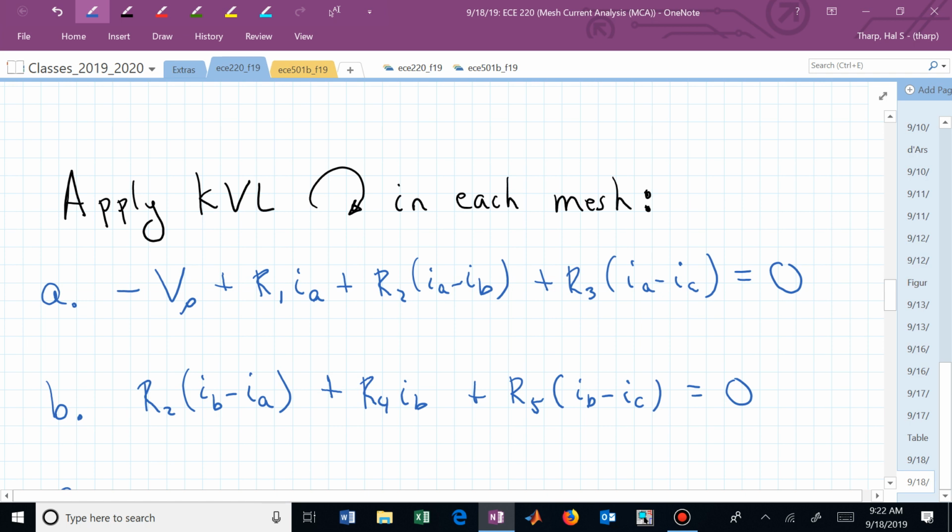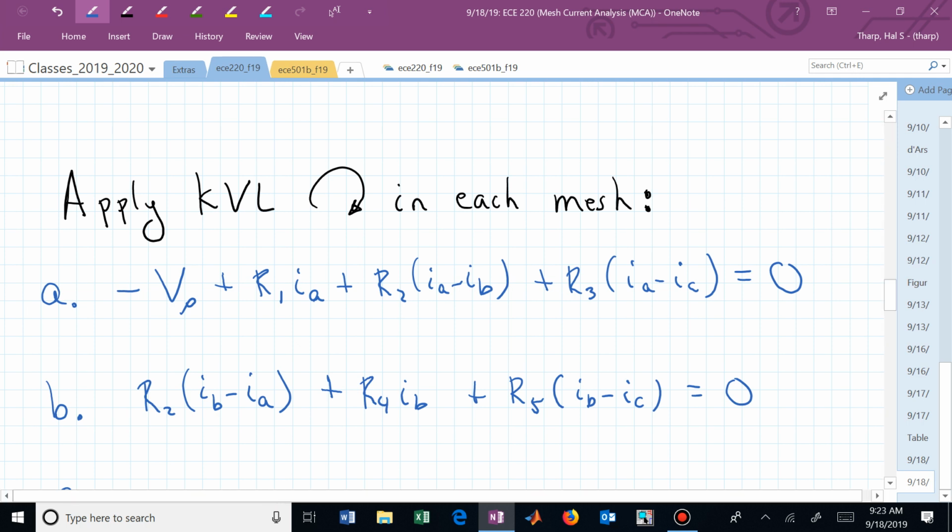Kind of an accounting. I saw all these review sessions on the door for accounting, so now I'm thinking accounting for different exams. But we can do some accounting here, some bookkeeping. Look at what happened in mesh A. I sub A was always positive, and the neighboring currents were negative that come into that formula.